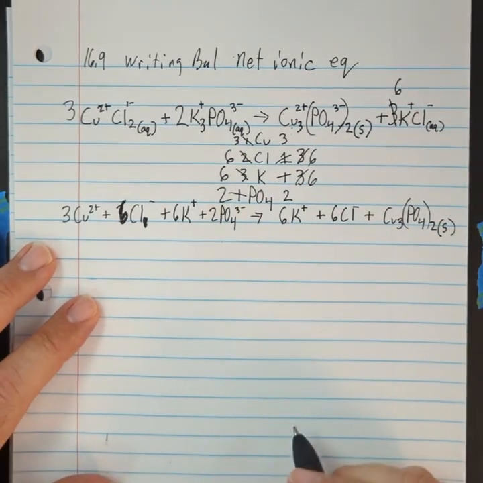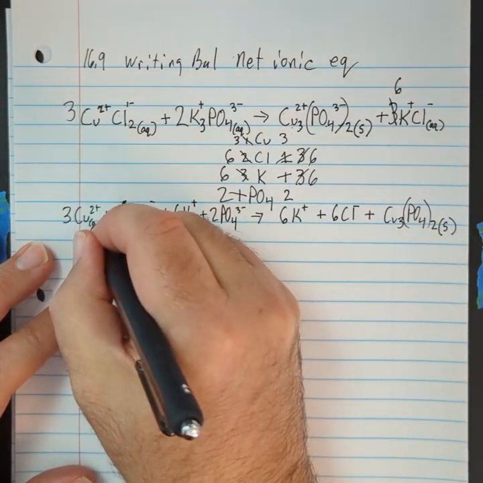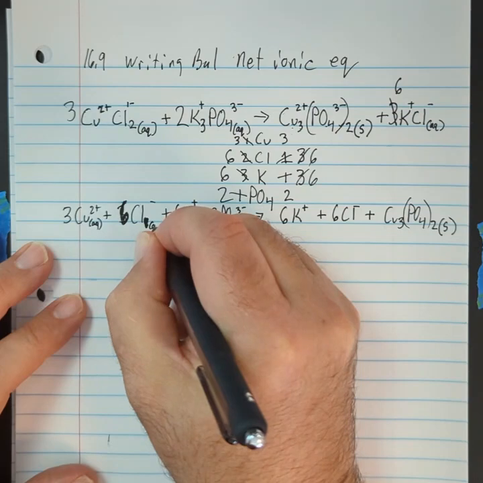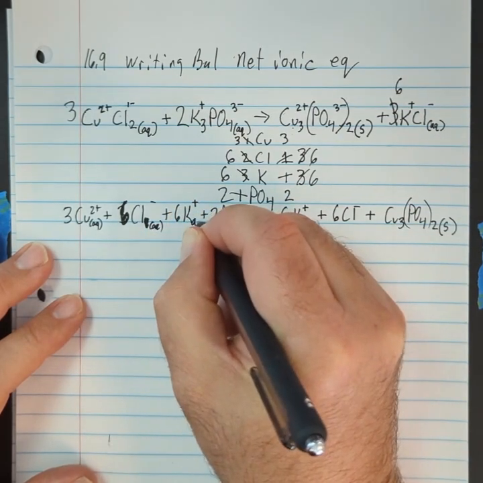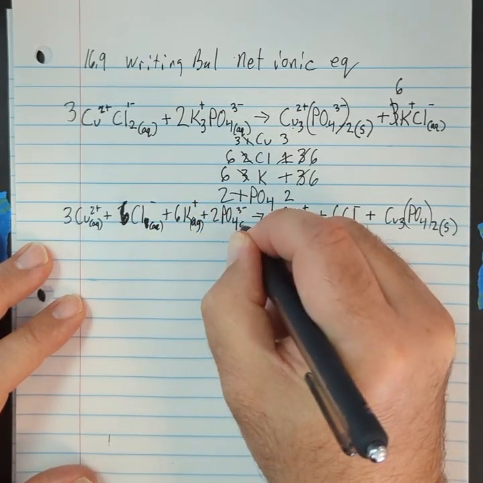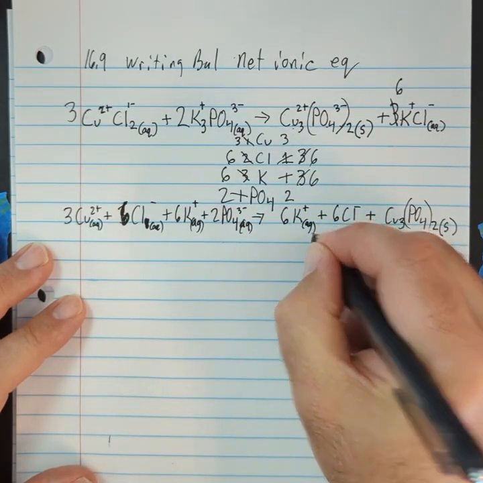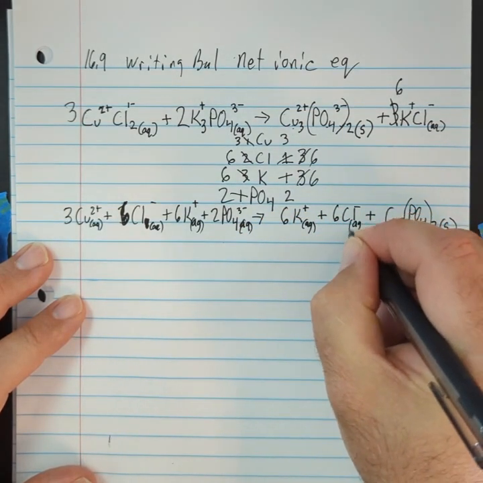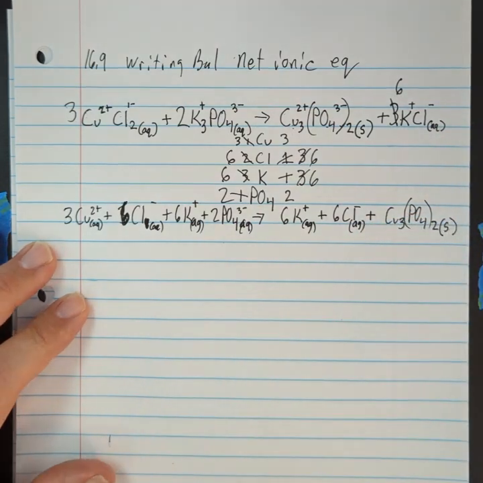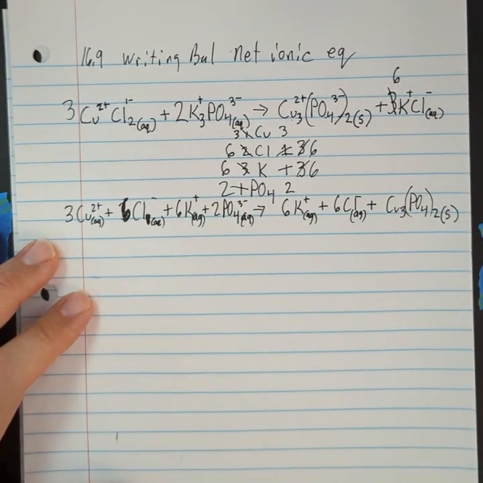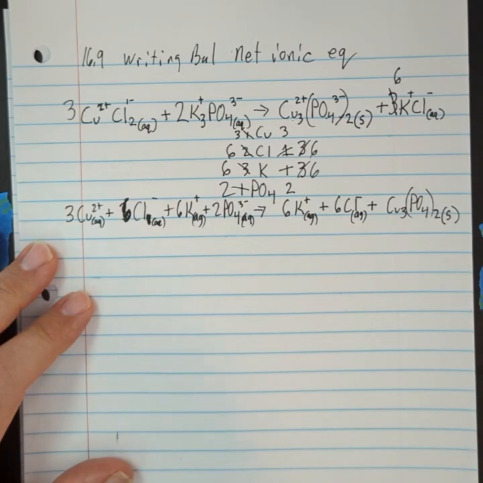So a spectator, oh, you know what I should have included? Aqueous, aqueous, aqueous, aqueous, aqueous, aqueous, and that's a solid. All right, now the spectator ions are going to be the same on both sides.